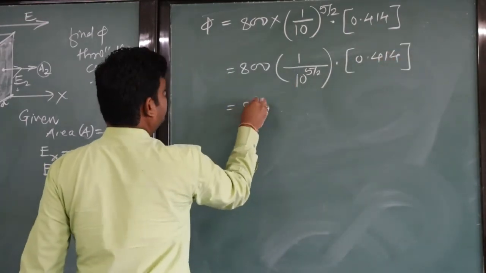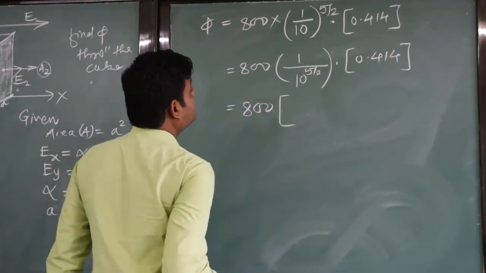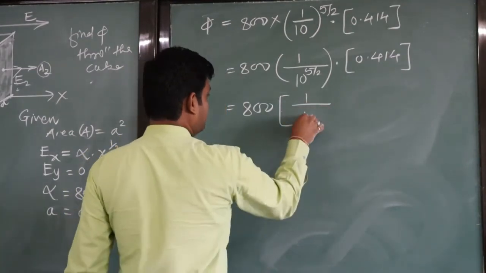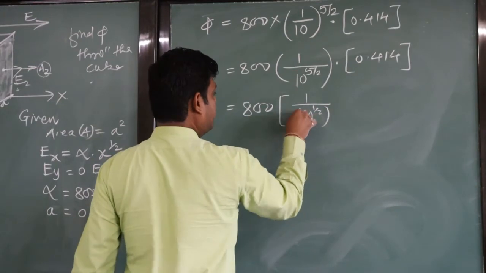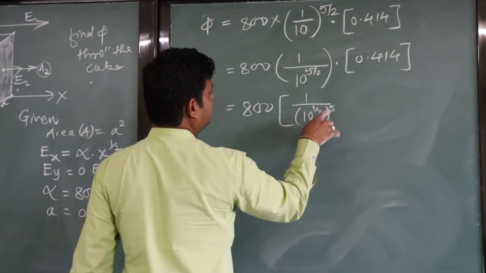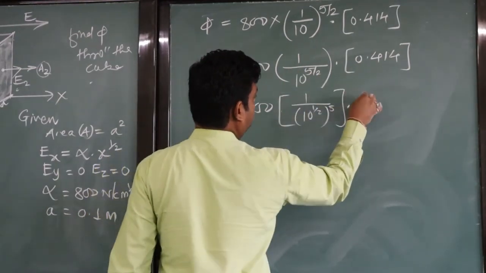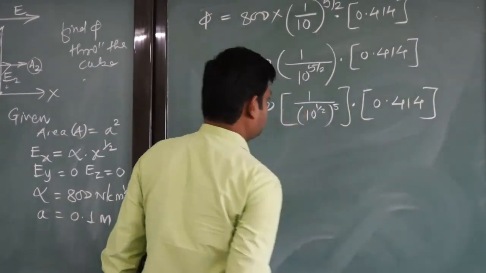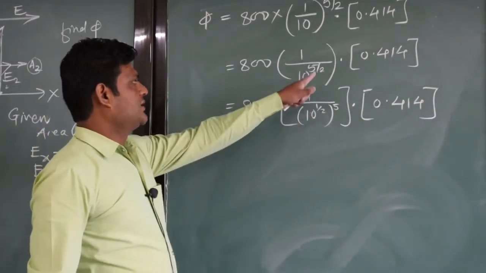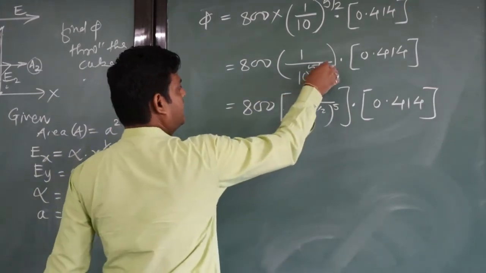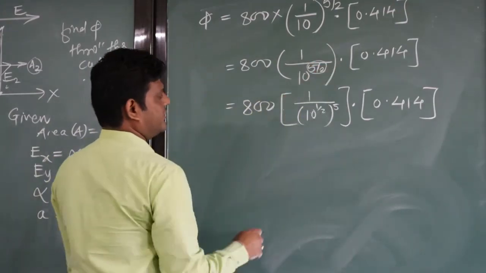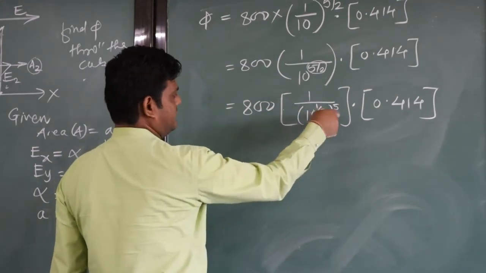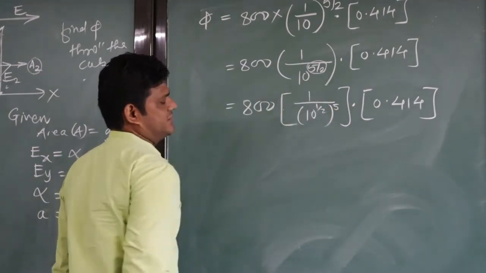Next, 800 remains as it is. See, we are going to simplify this like 10 raised to 1 half into 5. If we solve this, you will get this. So, it becomes 0.414. Now, students, you can solve this. Please concentrate over here, raised to 5 by 2, right? Means we wrote like this, 1 by 2 into 5. So, by solving this, you will get this.